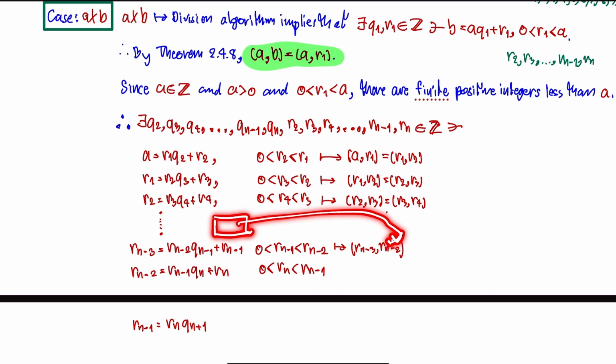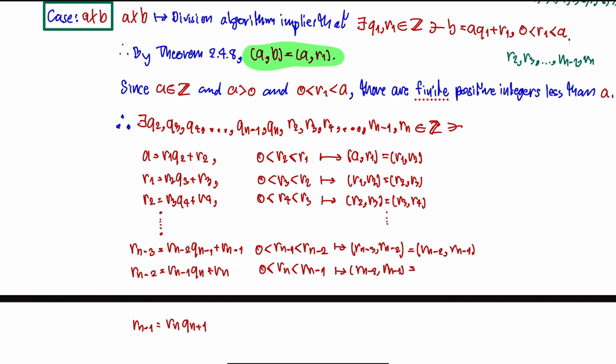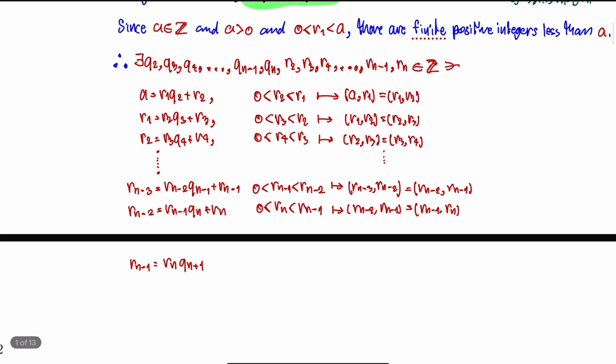Okay? And now from this equation, we have Rn minus 1 less than Rn minus 2. So we gotta have Rn minus 2, which is the divisor, and the remainder Rn minus 1. And next one right here, we gotta have Rn minus 2, Rn minus 1, which is the greatest common divisor of Rn minus 1 and the remainder Rn.